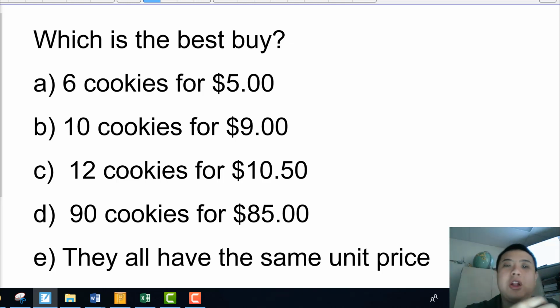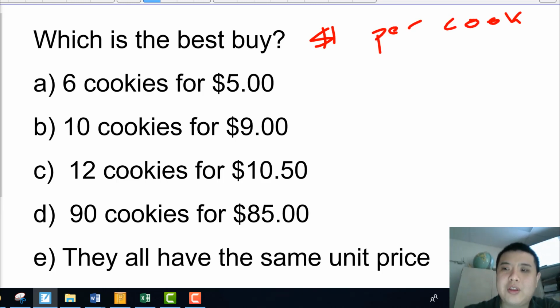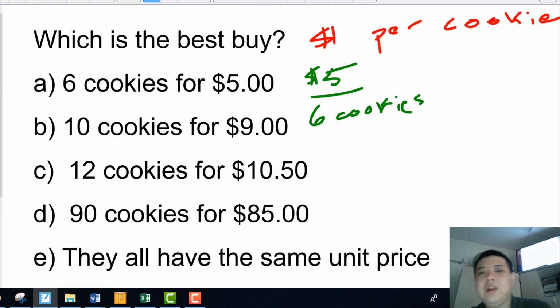Dollars per cookie, which means that we're going to have to find the rate for each one of these, which means that we're going to have to do $5 divided by 6 cookies. And we want to have each cookie cost the least amount. Which one of these gives us the lowest price for each cookie?